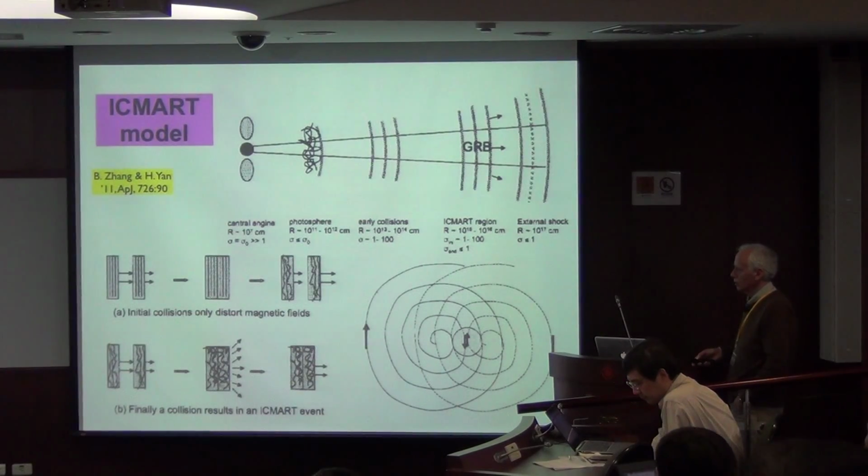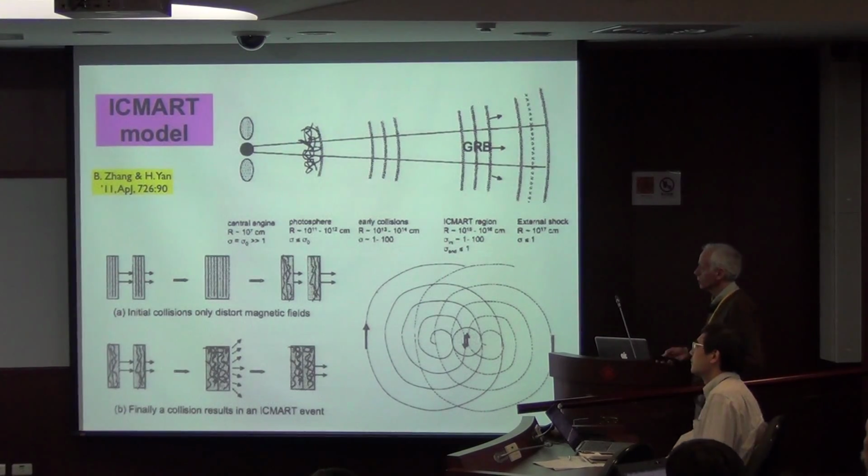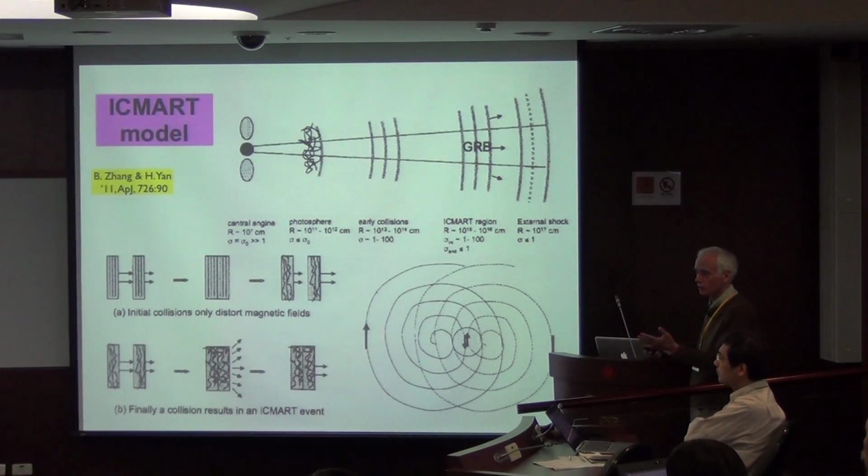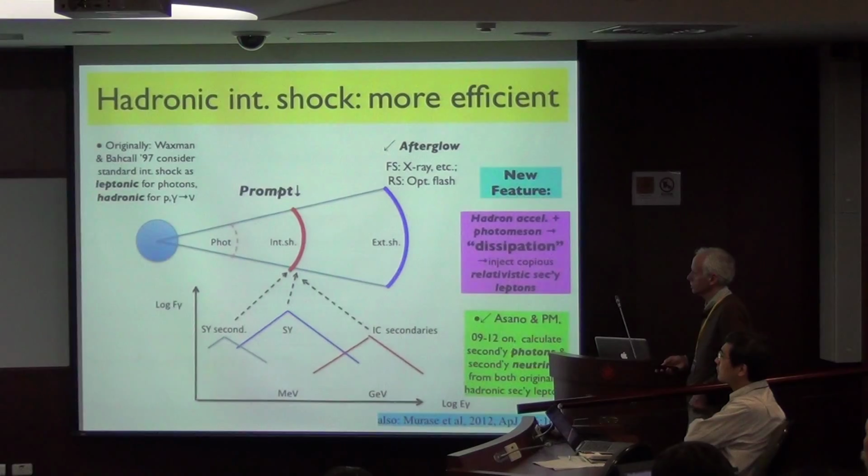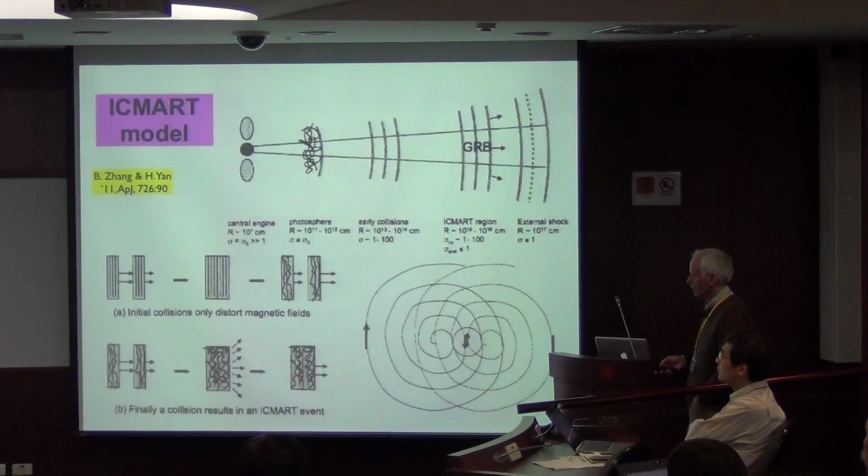But the initial collisions can distort the magnetic field lines, and then you can have field lines of opposite polarity, and those can then reconnect. It's something like internal shocks, but with magnetic reconnection. And that seems to give pretty good radiative efficiency.